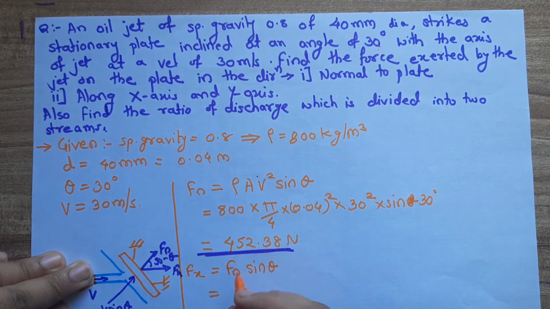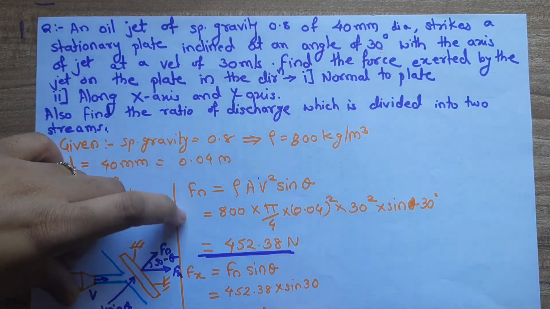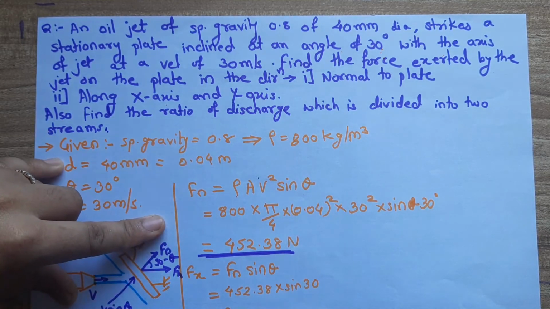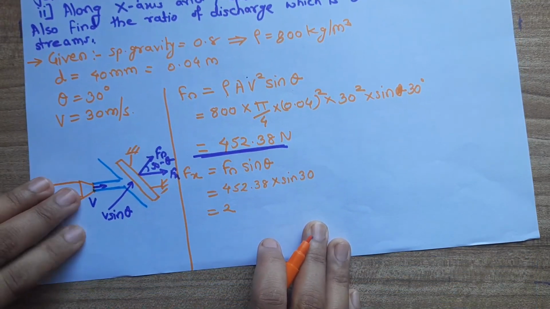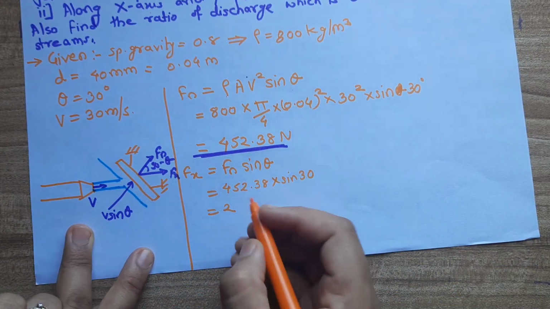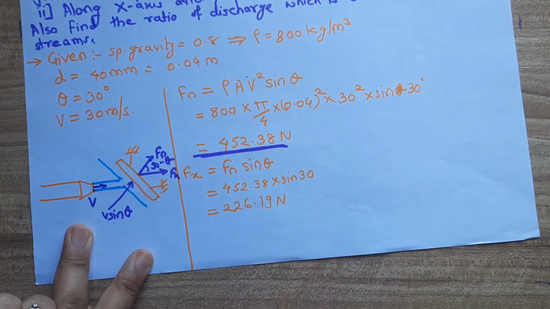By putting the value of Fn, 452.38 into sine of 30, and solving this we will get the answer as 226.19 Newton.